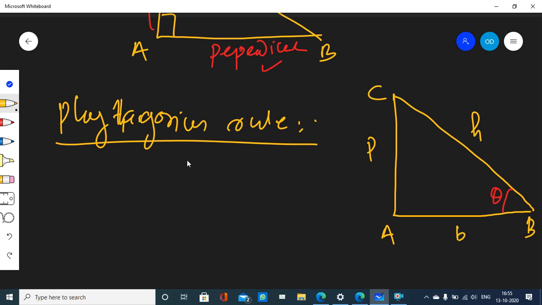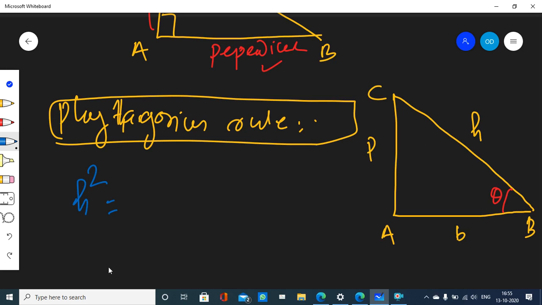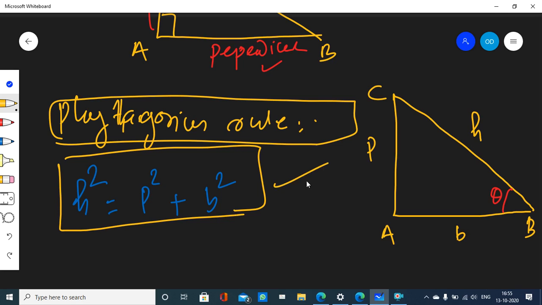Pythagoras was a mathematician. He gave this rule that in a right angle triangle, the square of hypotenuse is equal to the sum of squares of perpendicular and base. So h squared is p squared plus b squared. This is the Pythagorean rule.